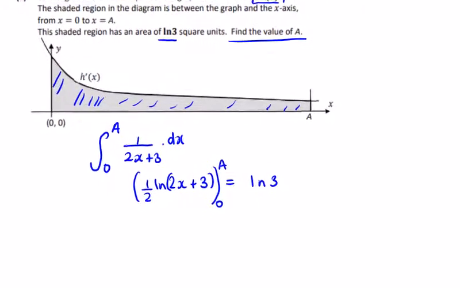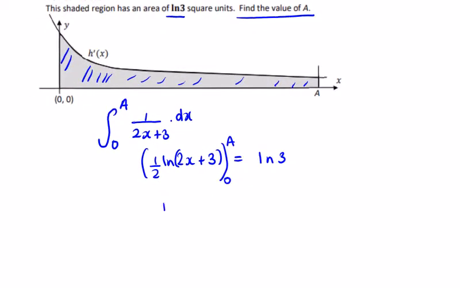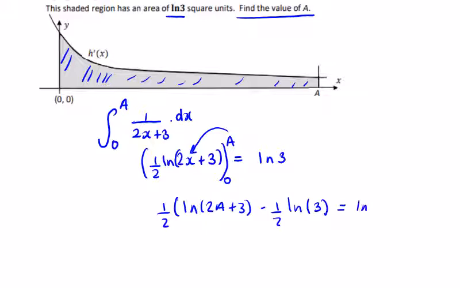So I'm going to be left with a half times the natural log, putting a in for x and then 0 in for x, so the natural log of 2a plus 3, and then minus a half times the natural log of 2 times 0 plus 3, so just 3. And that's going to be equal to the natural log of 3.